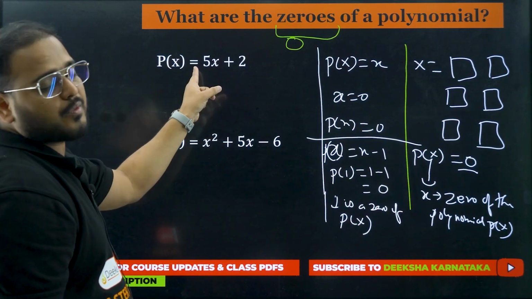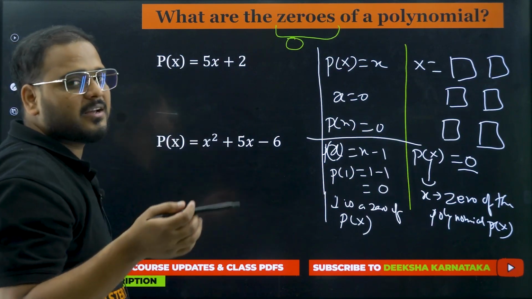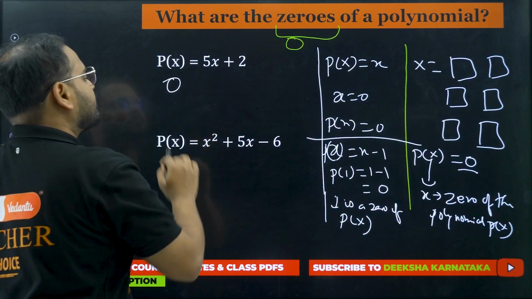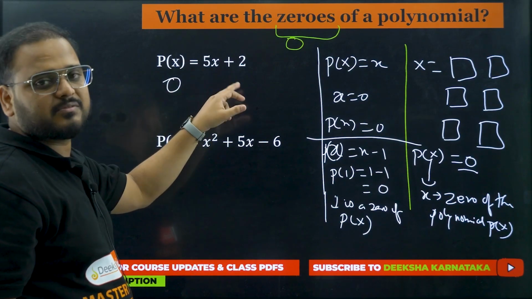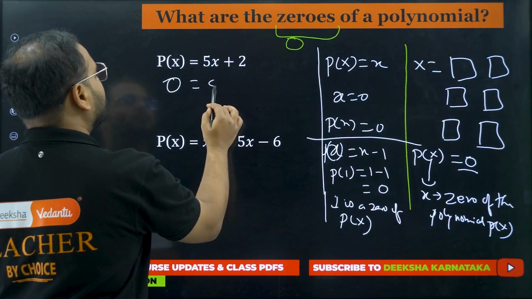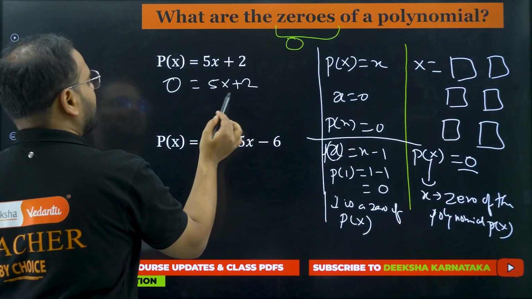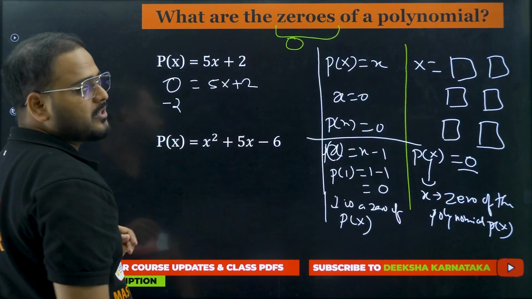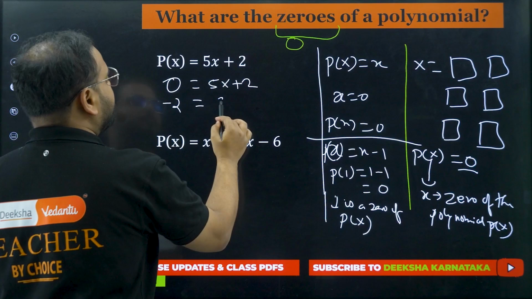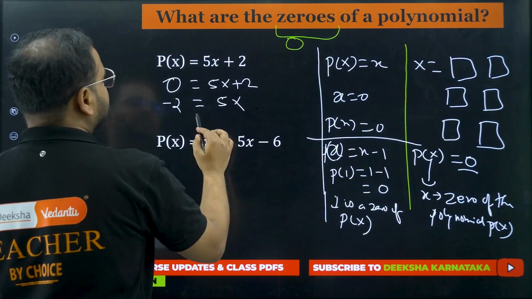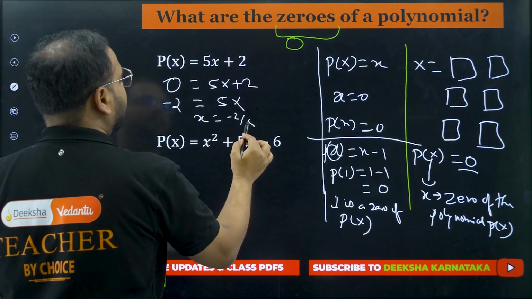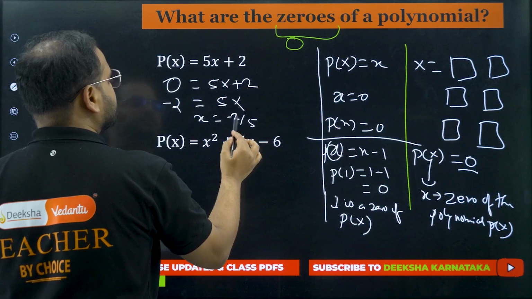Moving over here. So what is the zero of the polynomial over here? Please check. How are we going to find it? Simply put p(x) as 0. Whatever value you get for x will be the corresponding zero value. So put this 2 over here, you get 0 minus 2 is minus 2. 5x, bring this 5 over here, you get minus 2 upon 5. This is my answer.